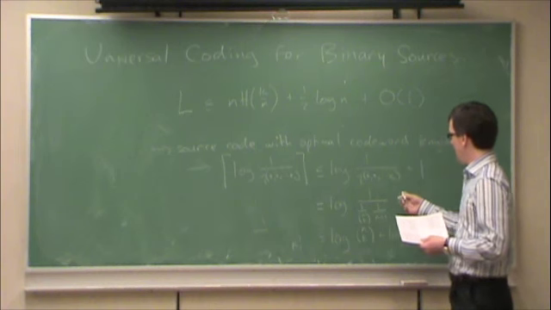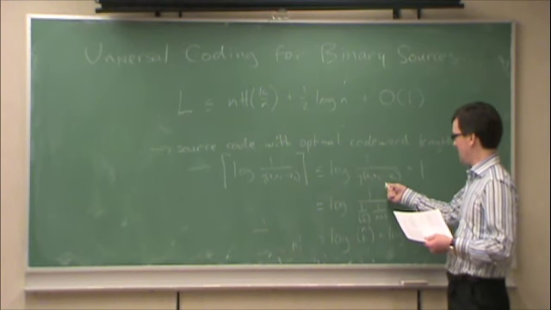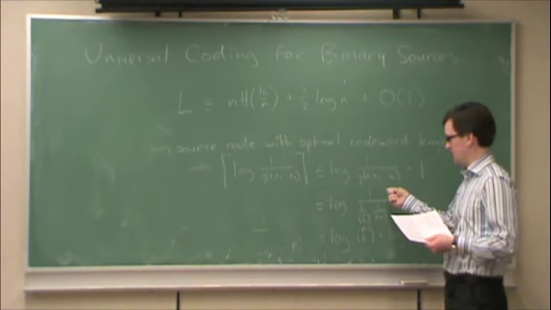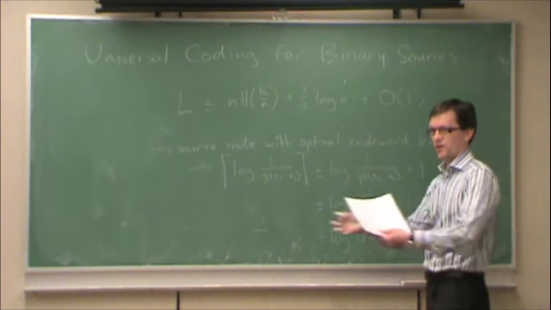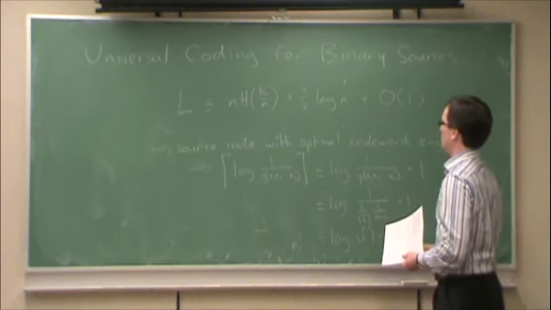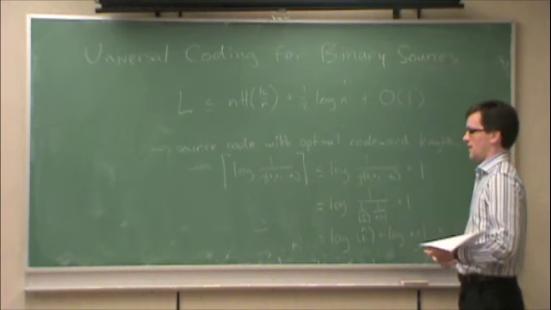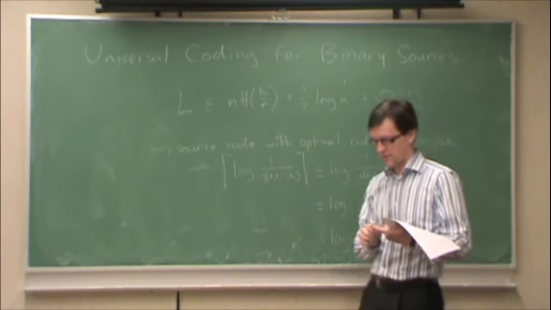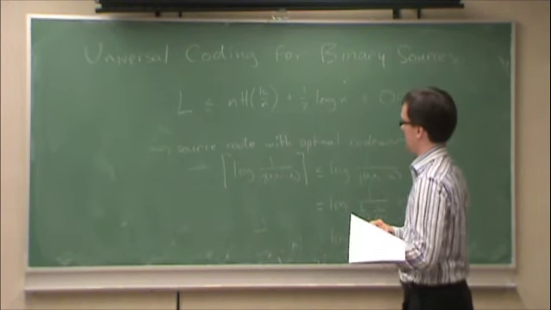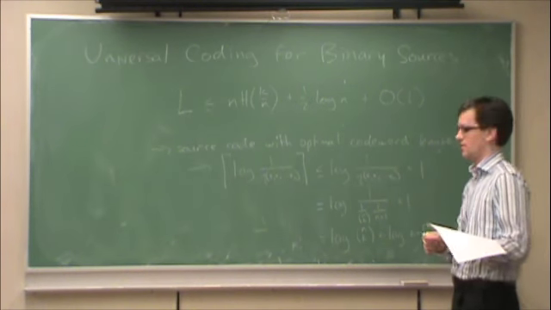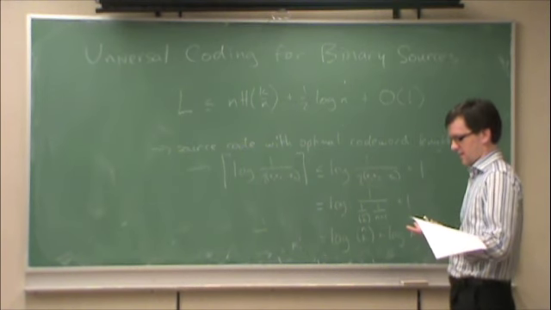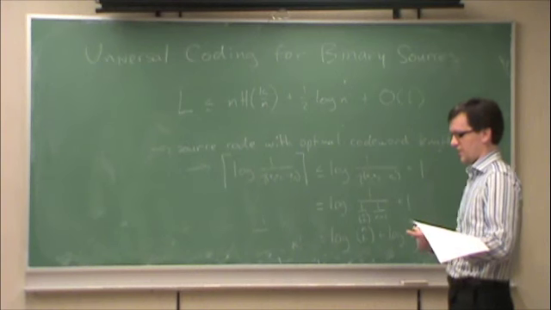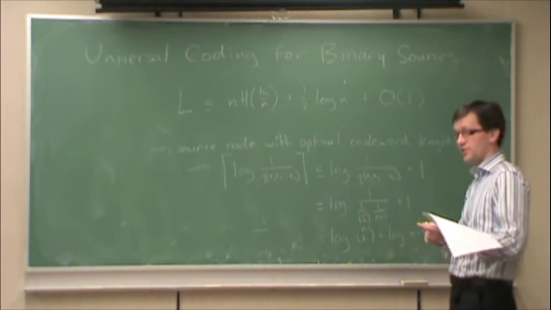So if I have any coding scheme that needs a probability and I hand it the probability Q, and remember we already have coding schemes, the Huffman code, which is guaranteed to perform within 1 bit of entropy, and the Shannon-Fano-Elias code, which is guaranteed to perform within 2 bits of entropy.